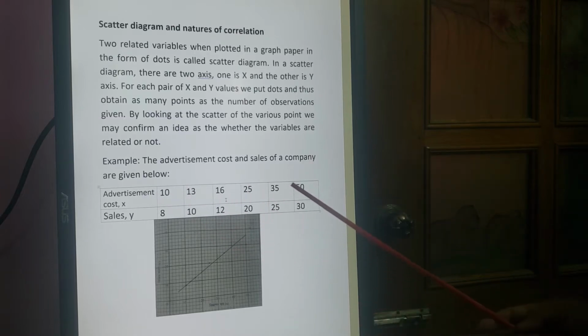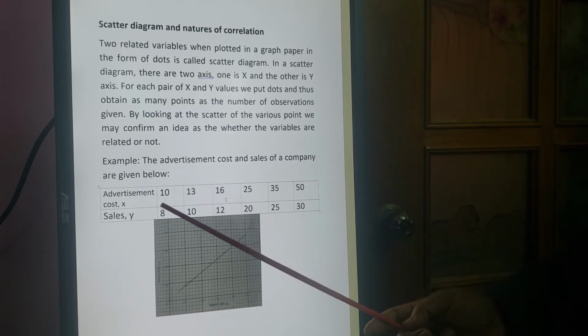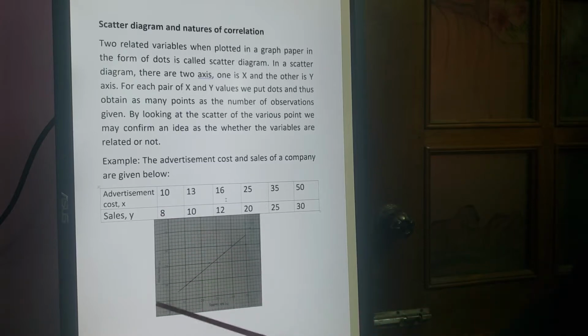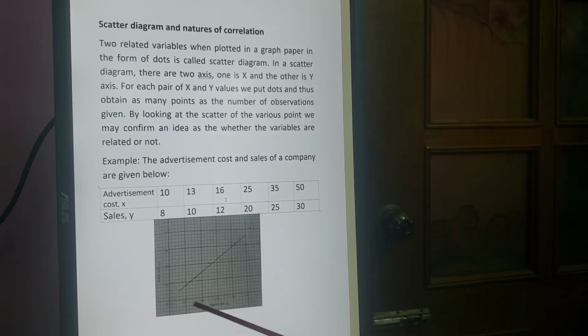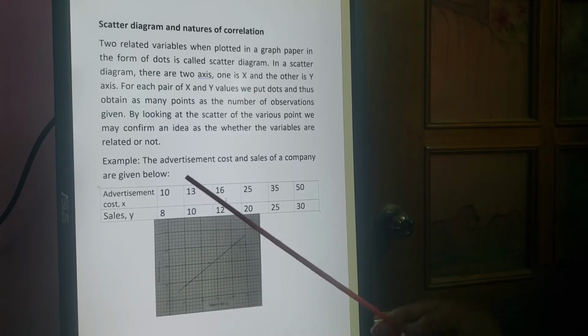This is X and this one is Y. We put X on the X-axis, horizontal, and Y on the Y-axis, vertical. First of all, you take the scale. You have 5 smallest squares here, so 1 smallest square equals 2 units on both axes.